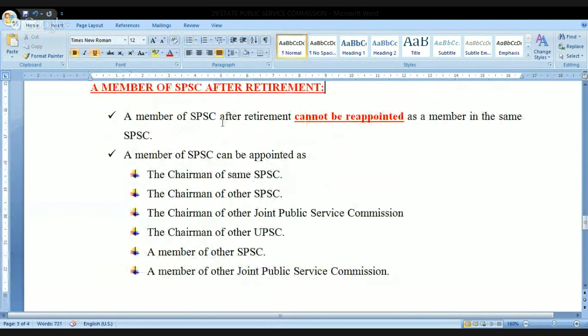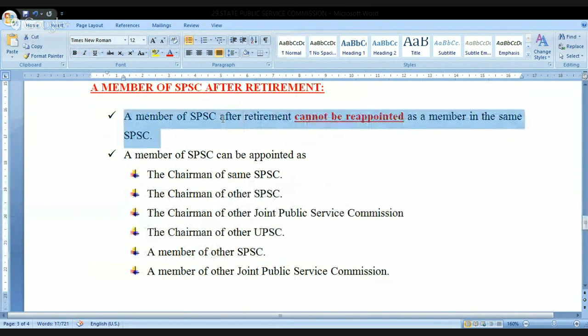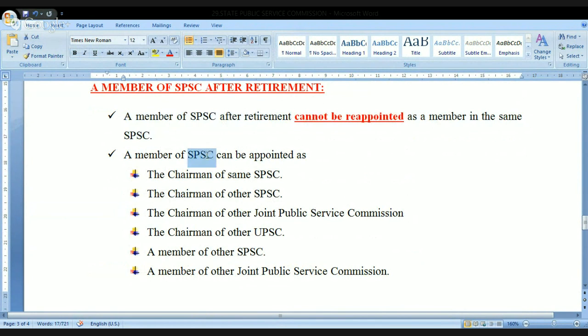A member of the State Public Service Commission after retirement cannot be reappointed as a member in the same SPSC, but that member can be appointed as the chairman of the same SPSC or the chairman of another SPSC, understand very clearly, or as the chairman of another joint public service commission, or as the chairman of the UPSC, or as the member of another state public service commission, but not as a member of the same state public service commission, or as a member of another joint public service commission.